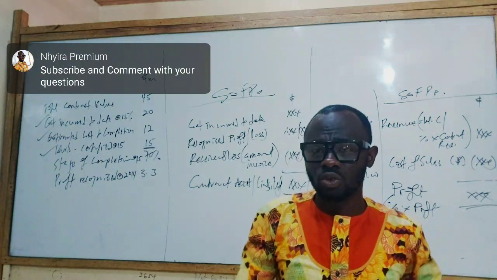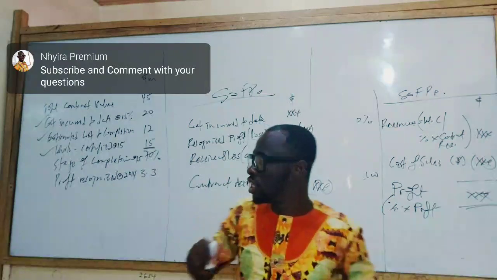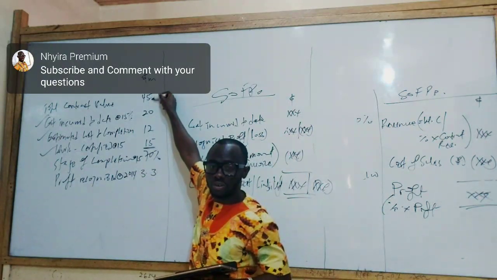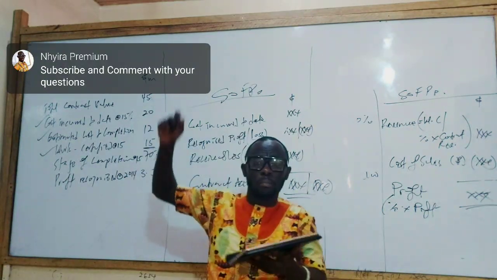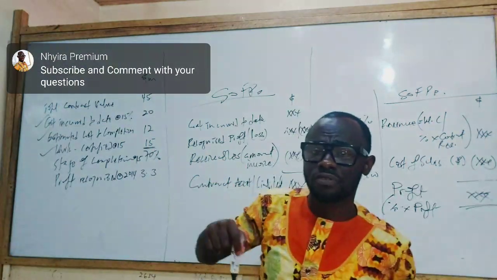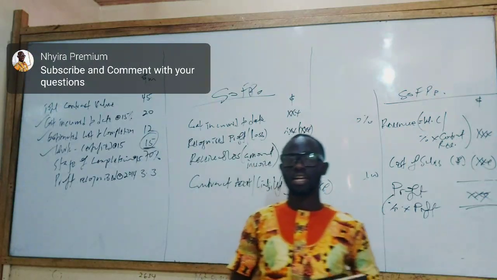So the revenue to be recognized in 2015, we cannot do 70% of the contract revenue. Are you following me? We cannot do 70% of the contract revenue because part of that has already been recognized in 2014. So in 2015, all we have to recognize is the work certified in 2015.